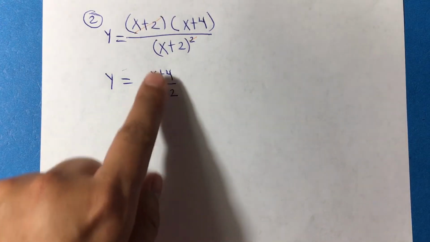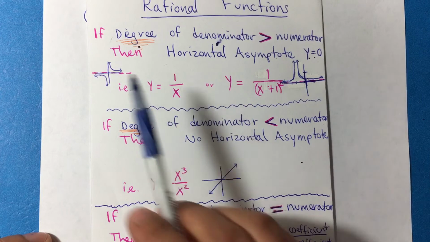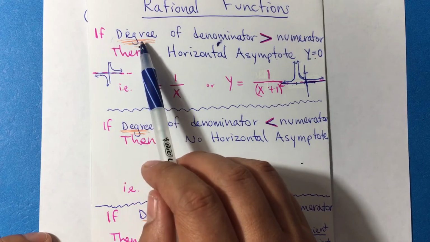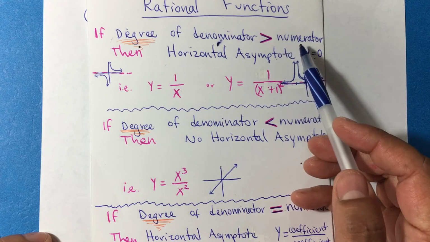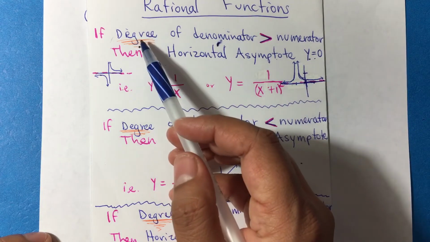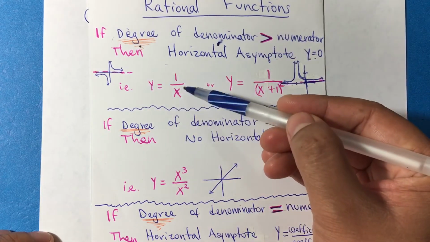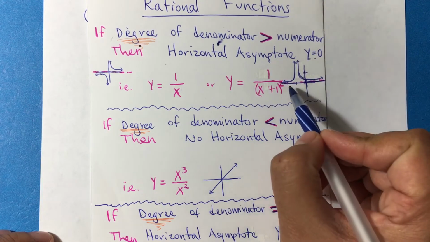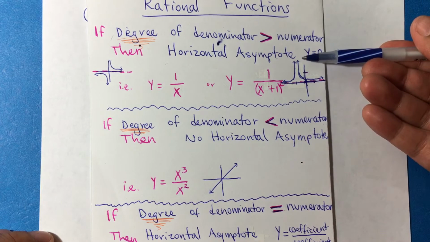For this one, because we end up with a rational function, remember that for rational functions, we have certain rules for the horizontal asymptote. And so it says, if the degree of the denominator, meaning down below, is greater than the degree of the numerator, and remember that degree refers to the highest exponent, then the horizontal asymptote is always exactly on the x-axis, meaning y equals 0 because it's not going up or down on y.